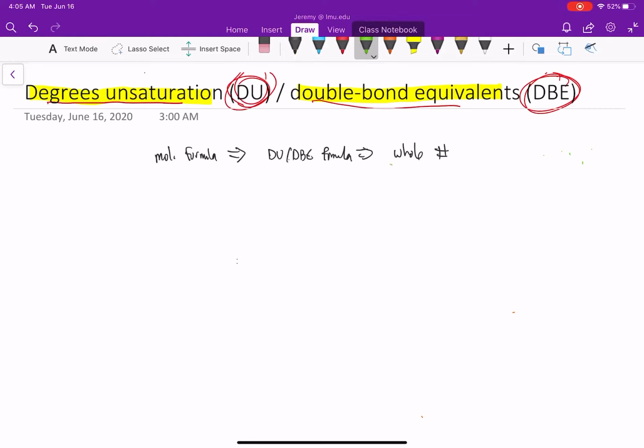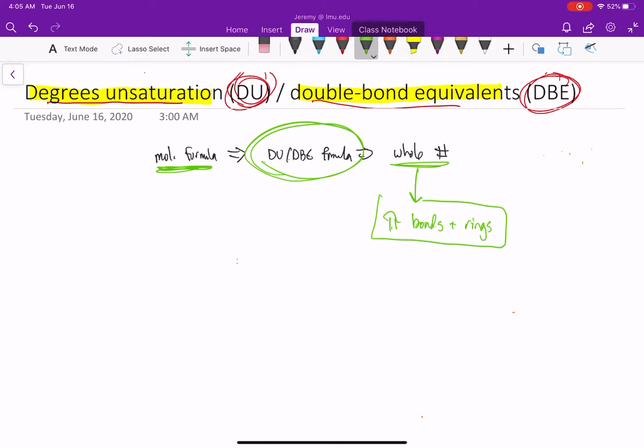This whole number will tell you how many pi bonds and rings your molecule has. So from a molecular formula, you can use the formula I will give you in a few minutes to get a whole number, and that number tells you how many pi bonds and rings you have.